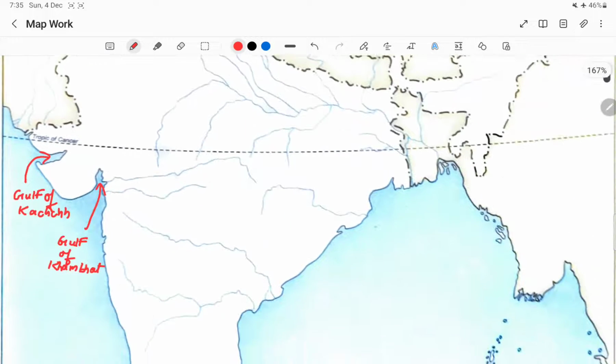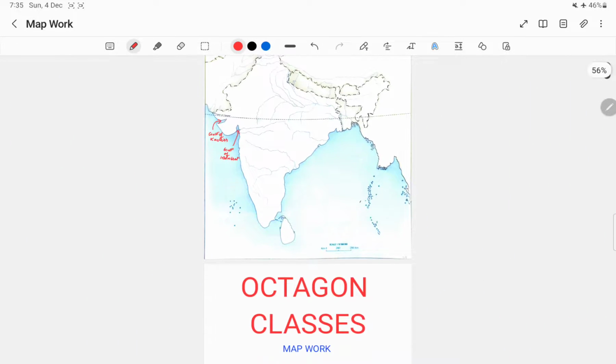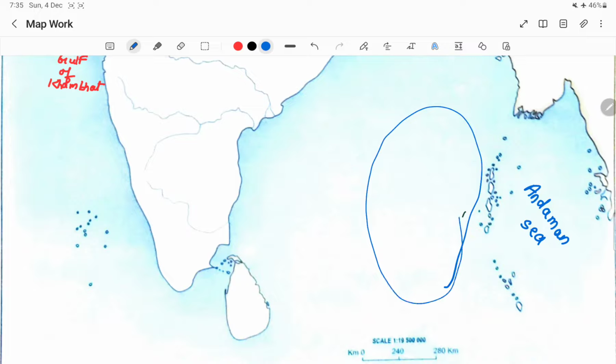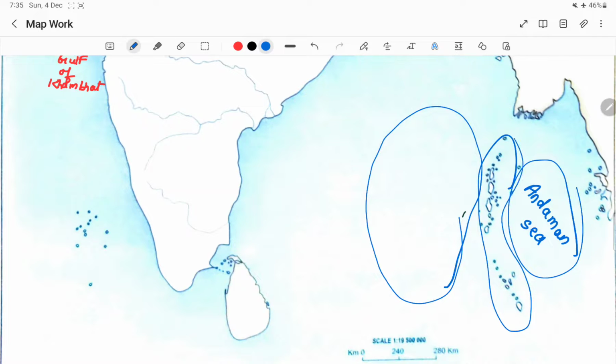Next is the Andaman Sea. For Andaman Sea, there is one point to be noted: don't ever mark the Andaman Sea in this area. It should always be on the right side of the Andaman and Nicobar Islands.